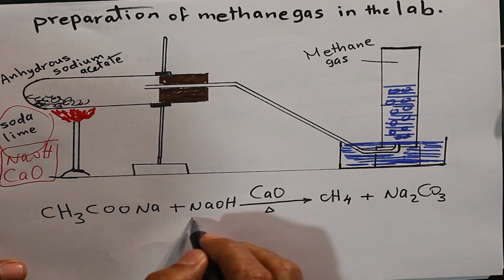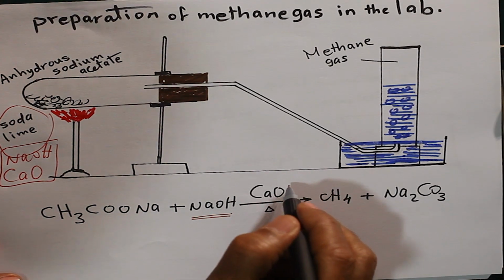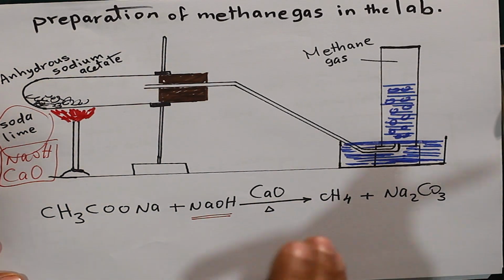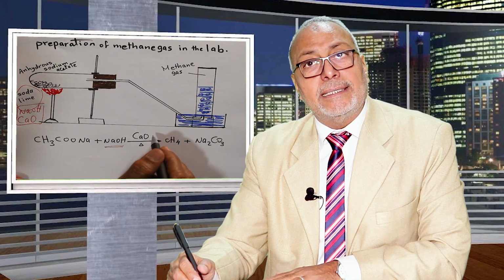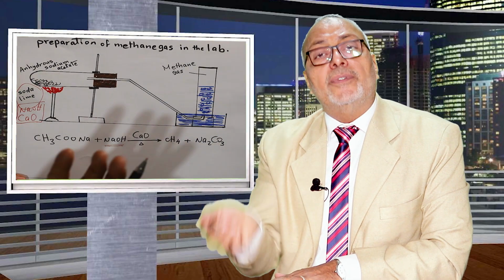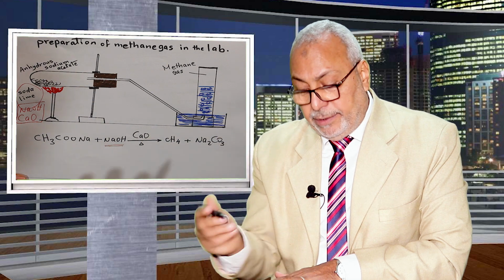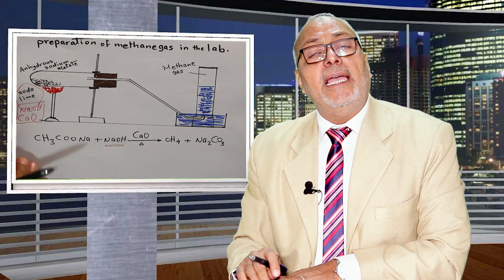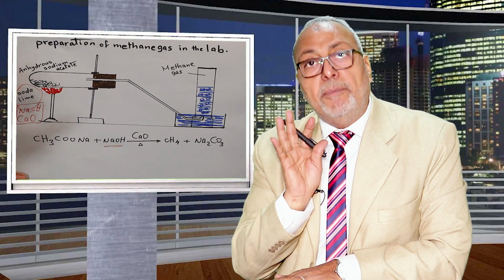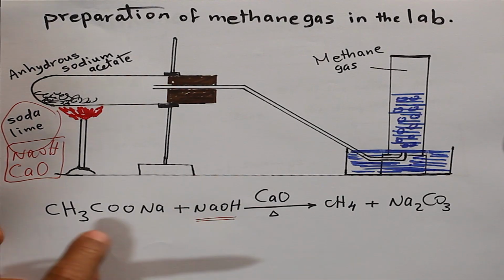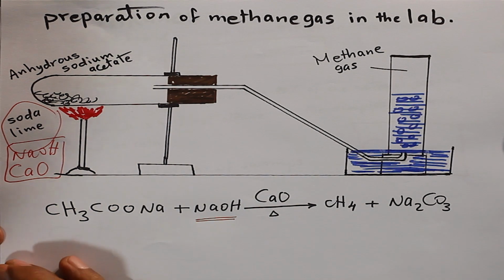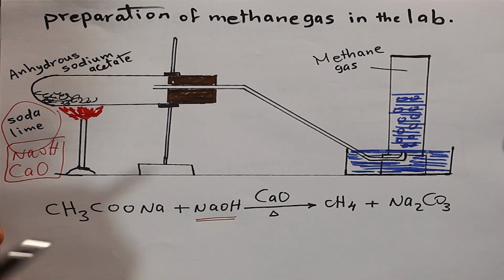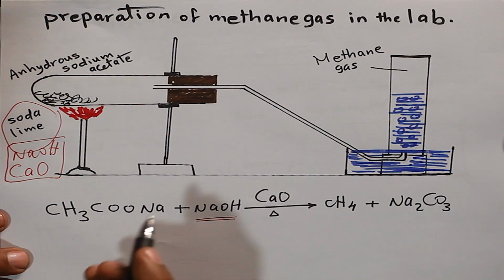In the equation, we put sodium hydroxide and calcium oxide above the arrow because it acts to reduce the melting point of the substances. What happened during the reaction? We must write the chemical equation and use it as a mathematical equation.